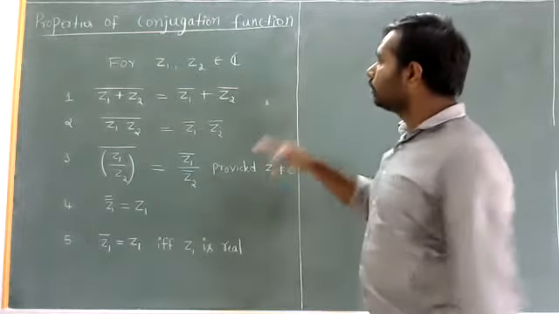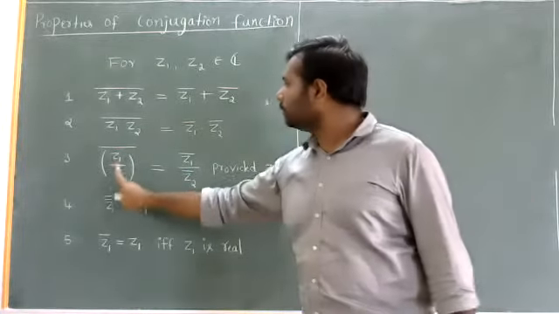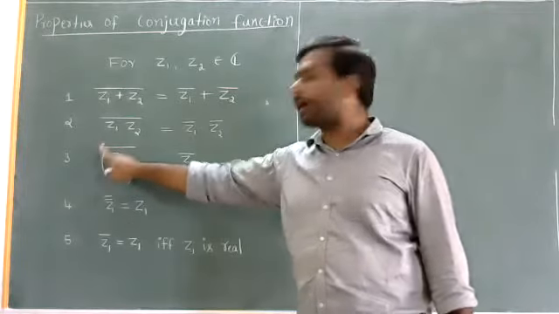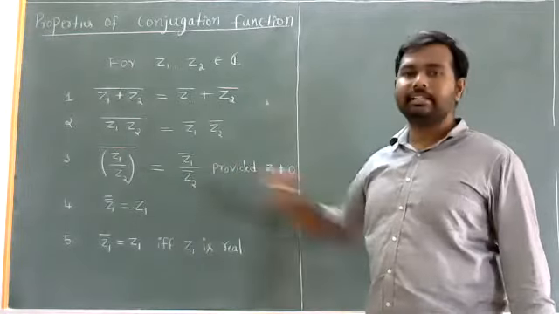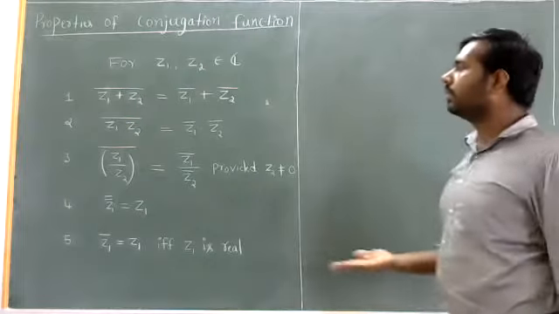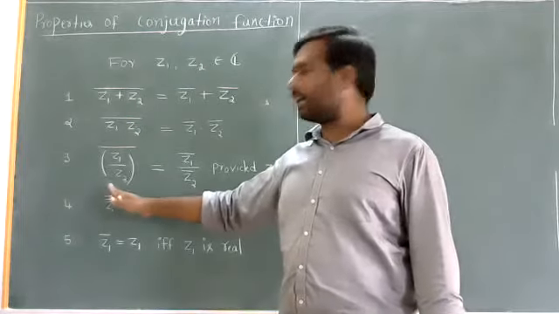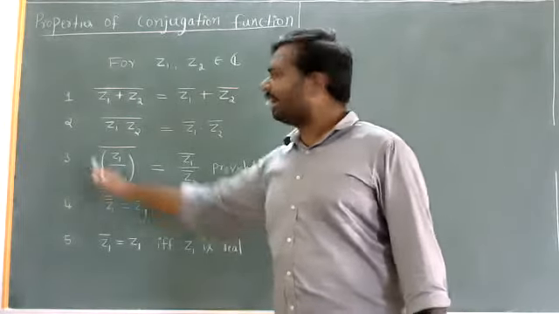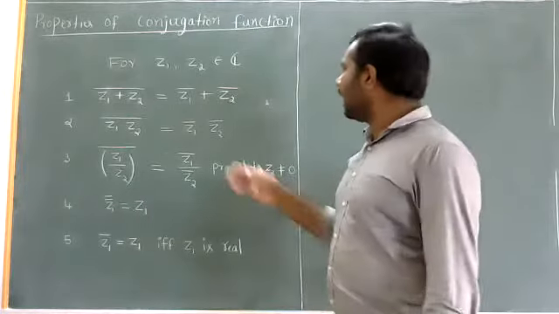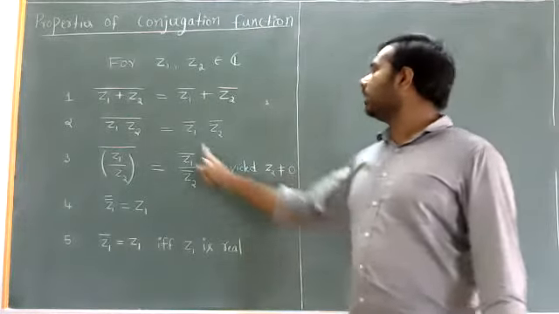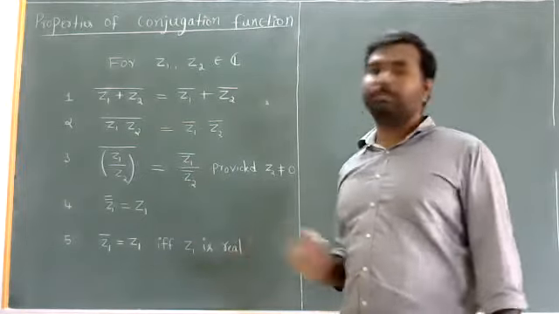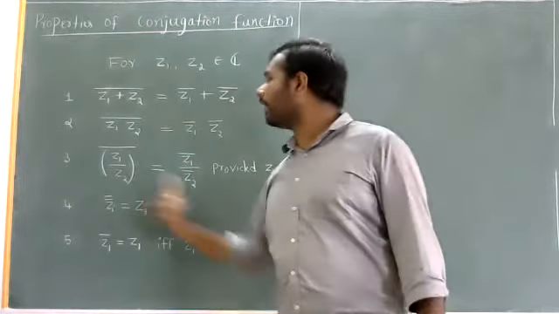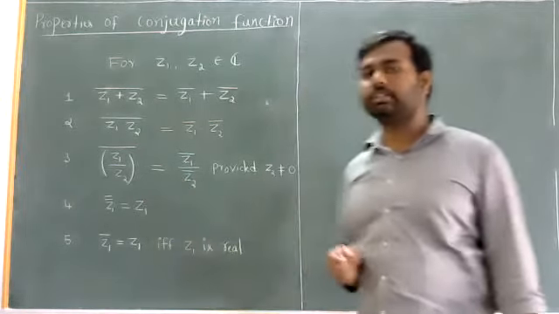That is, what we have to prove is (Z1 by Z2) whole bar is Z1 bar by Z2 bar. Start with LHS and try to simplify it, and on the other hand take RHS and try to simplify it. Finally show that LHS is equal to RHS.